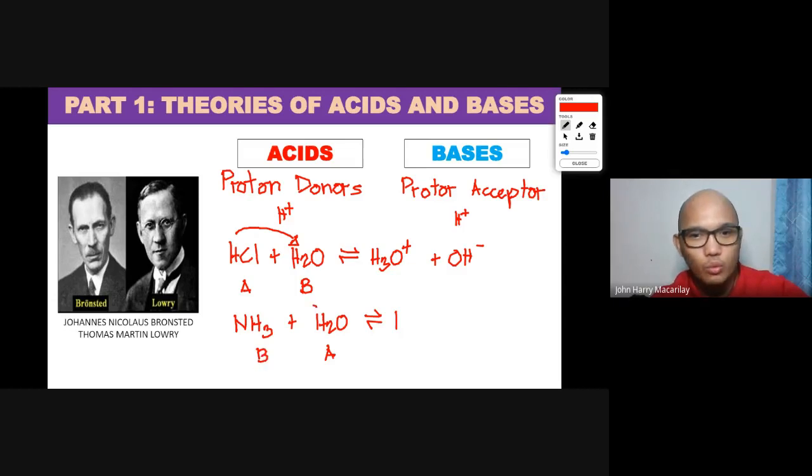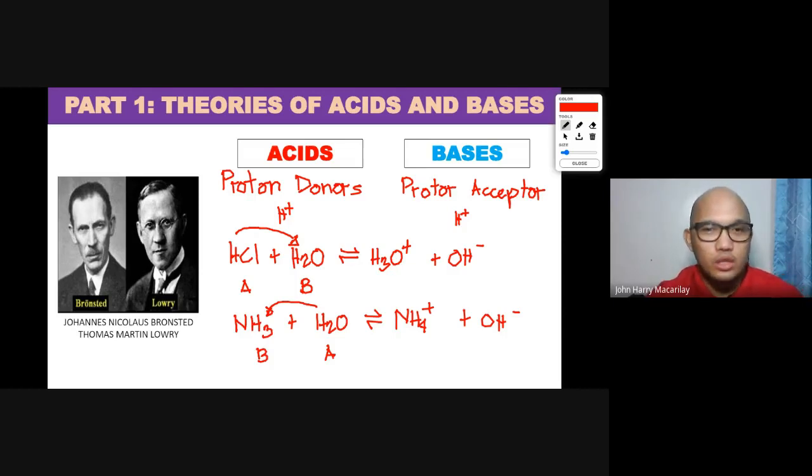So water will donate its proton to ammonia to form ammonium and a hydroxyl ion. So which is now a proton donor and a proton acceptor. Alright, so that is your Bronsted-Lowry acid and Bronsted-Lowry base.